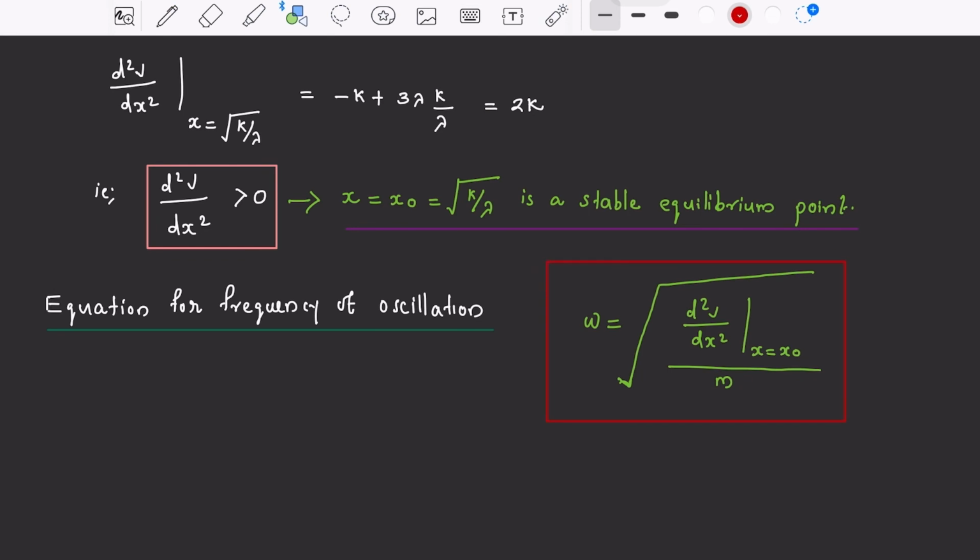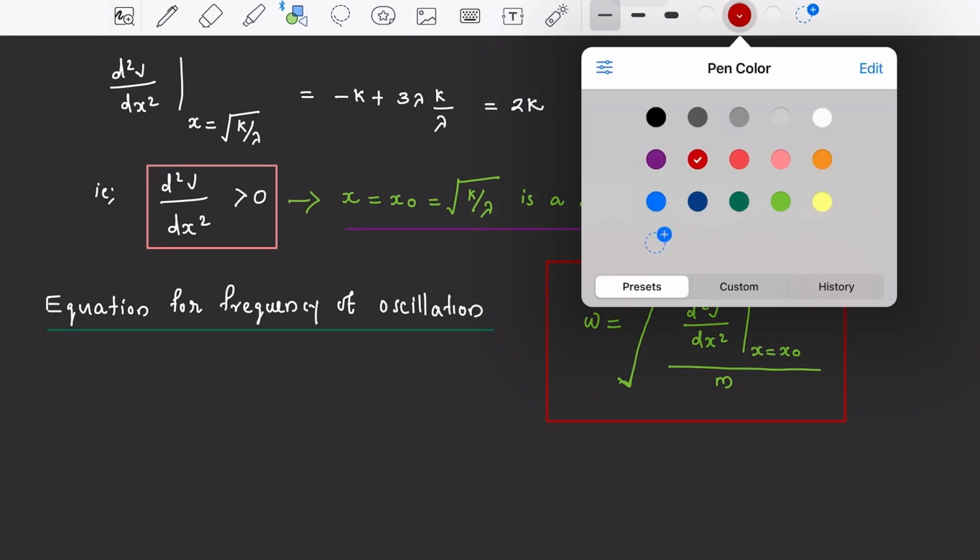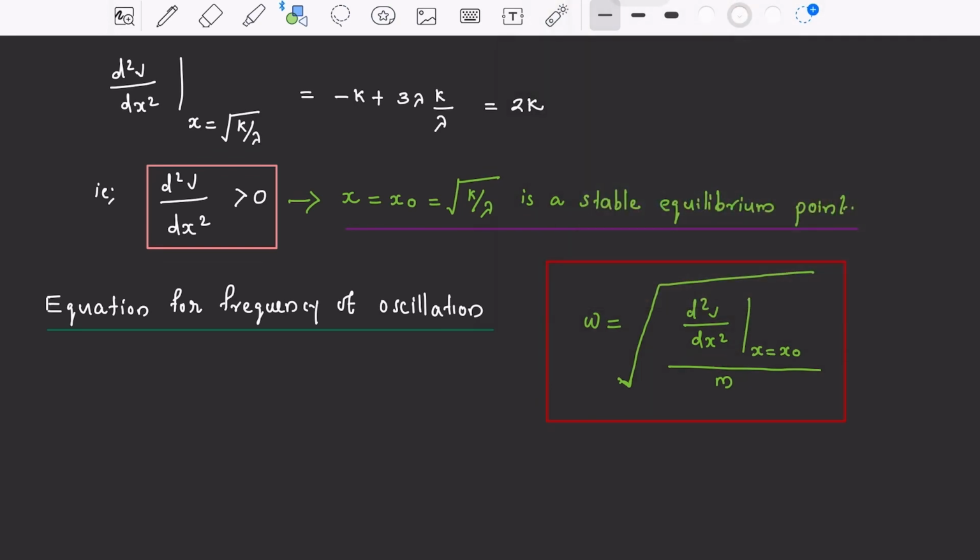This is the equation to calculate the frequency of oscillation. Now we have d square V by dx square at x naught, which is nothing but 2k. So we can say omega is equal to square root of 2k by m.